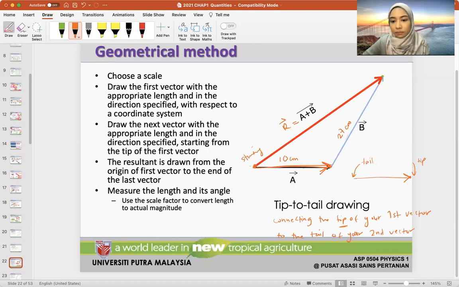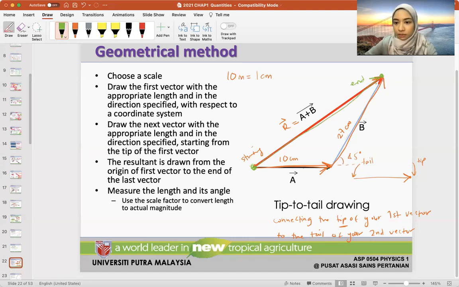So this is the tip and I connect it to the tail of vector B. Okay, draw it correctly. Kalau A 10 cm, draw 10 cm. Kita punya scale tadi 10 meter equal to 1 cm. Follow that scale. And then B is 27, angle dia apa? 45. Use your protractor. And then your resultant should go from the initial point to the end point.